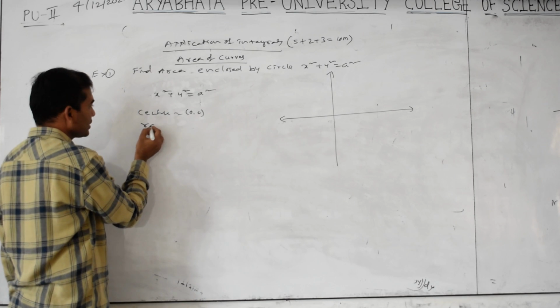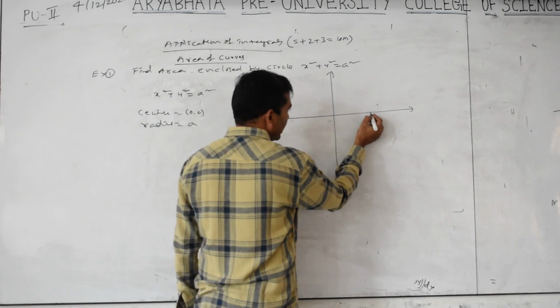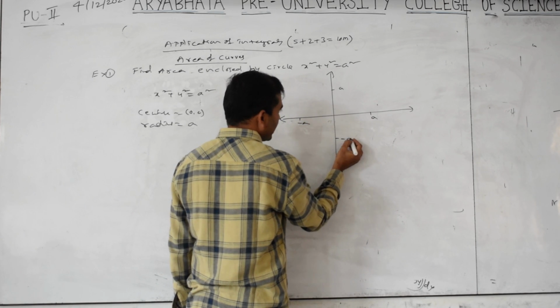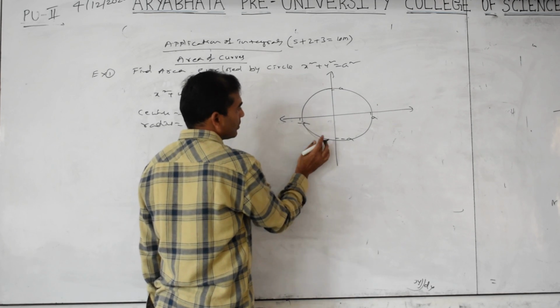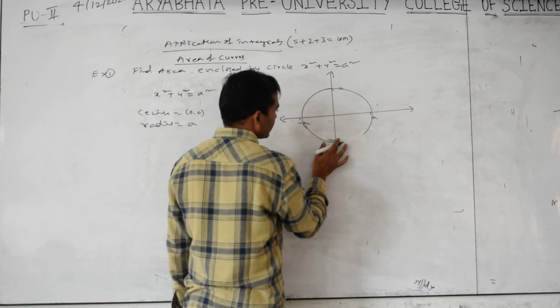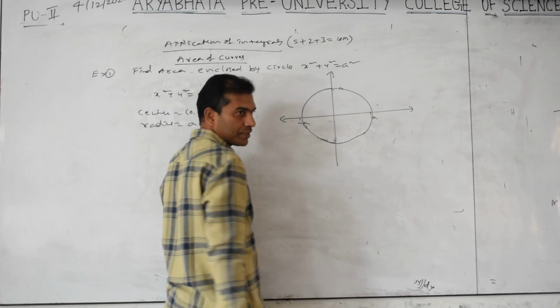Okay, what is the radius? A. So this is radius A, minus A, plus A, minus A. This is the circle. This whole area we should find, right?